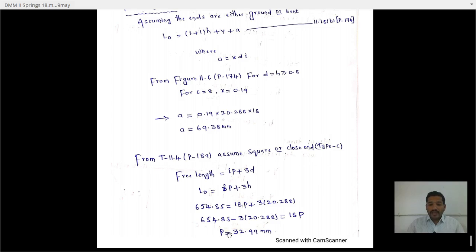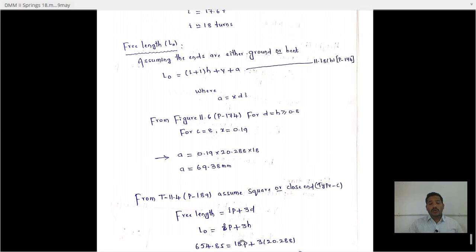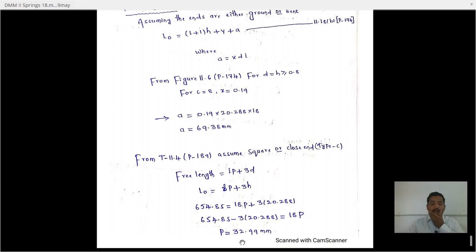After that, if you subtract this value and divide by 18, you will get 32.99 mm, that is the value of pitch. So in this equation, what we needed to find out is the value of pitch. 32.99 mm should be taken as pitch equal to 33 mm.